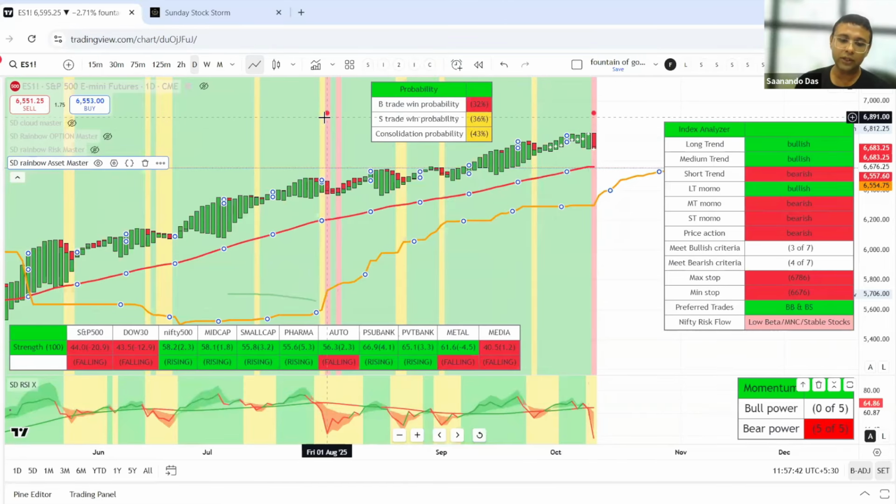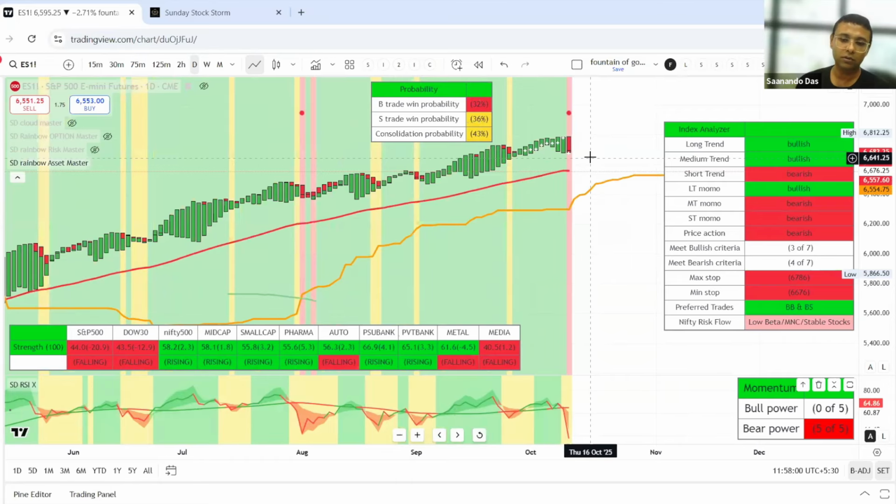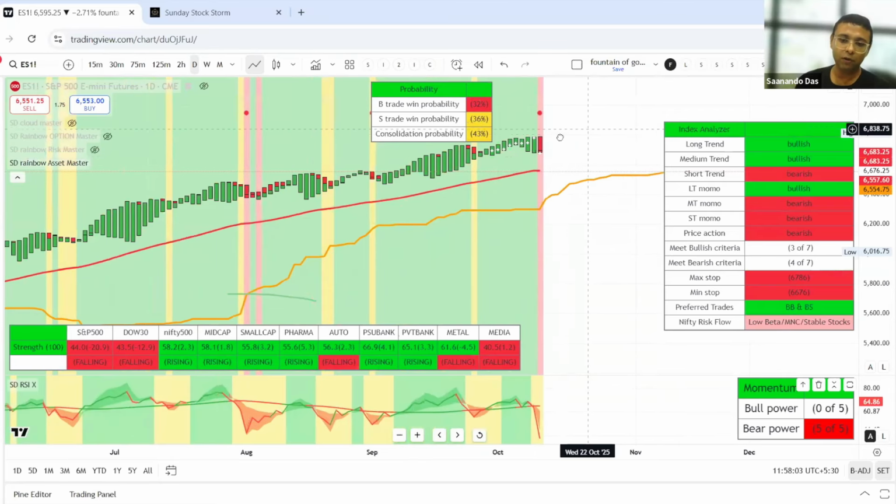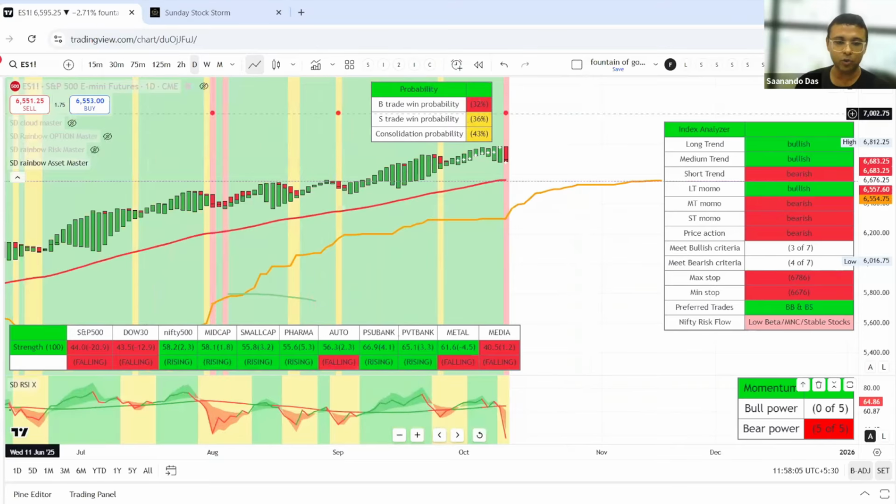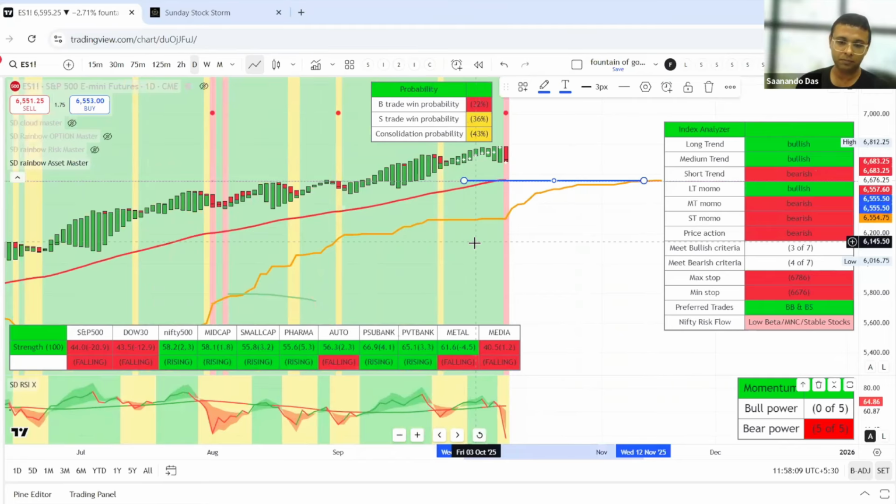Last time it was in July 2025. Currently we have a sell signal, but the sell is not strong enough. Only a 36% chance of winning, which is 1/3. That means it is more likely the market will be range bound. But if you are following the rainbow setup, you know a few things to improve, do the drawings.